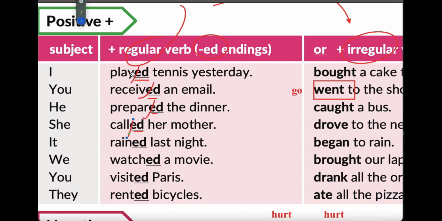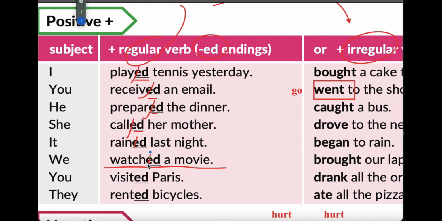So in here, especially for Spanish speakers, play, played. Receive, received. Yeah? Do you see it? Okay. So let's read them together until here. Okay. So we have played, received, prepared, called, rained, watched.